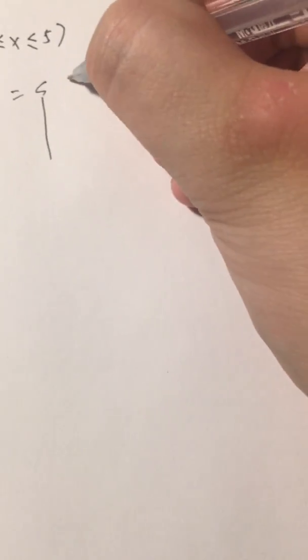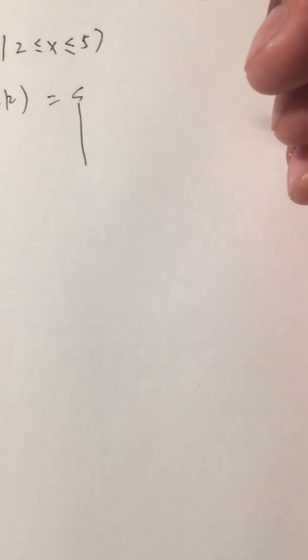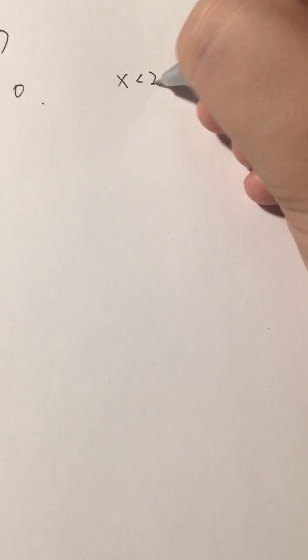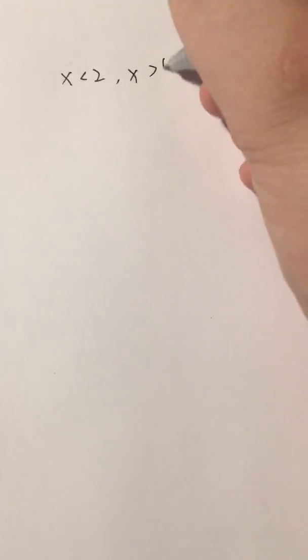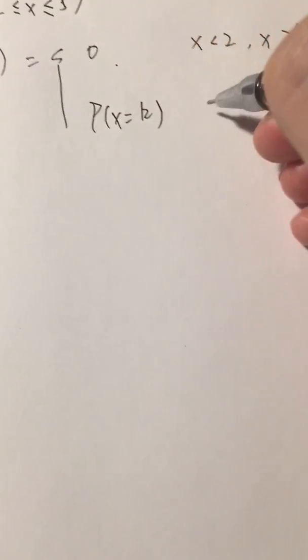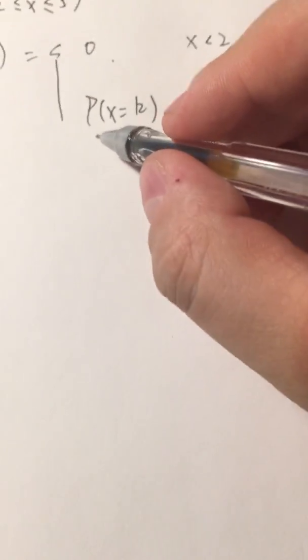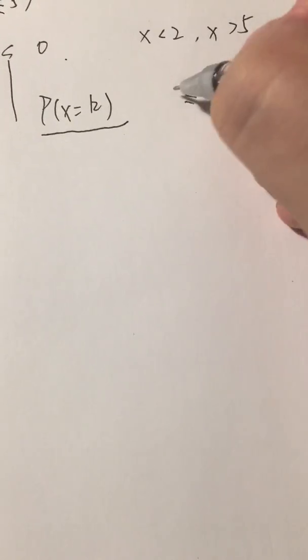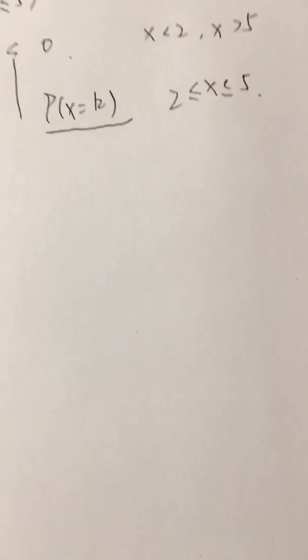The first is 0 when X is less than 2 or X is larger than 5, and the probability of X equals k is equal to itself when X is in this range.